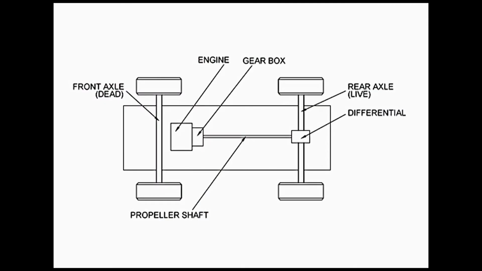So the first basic component is chassis, and in modern cars you find it in the form of unit construction, which is in the shape of a body or shell. The second basic component of an automobile is an engine.